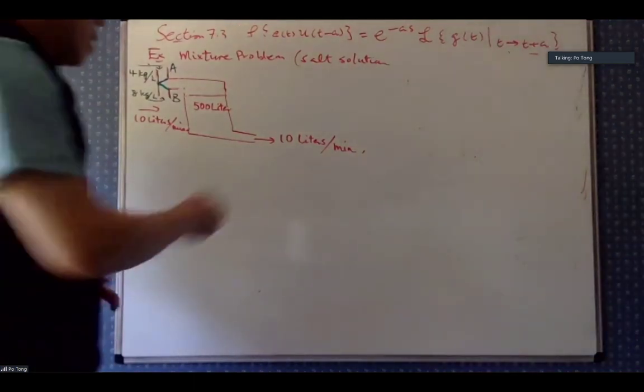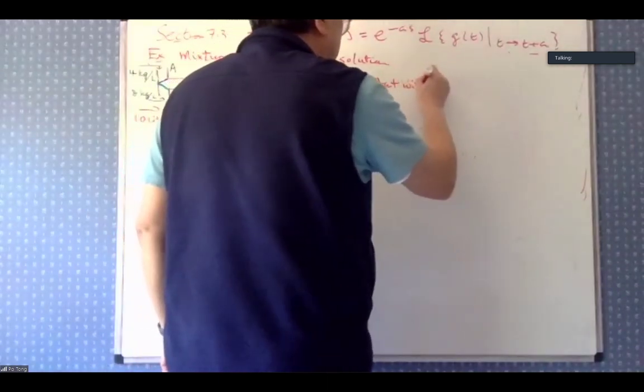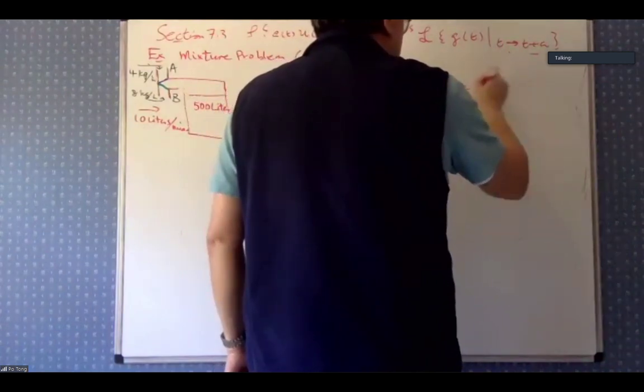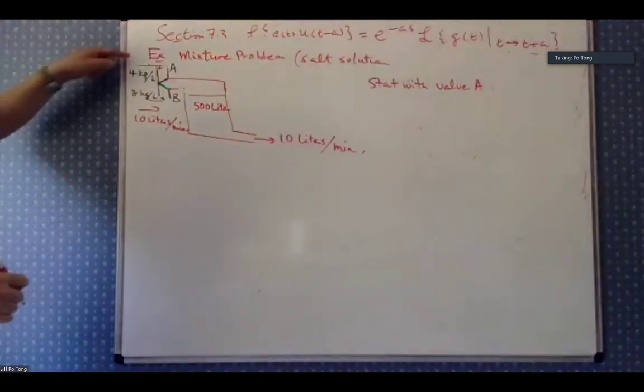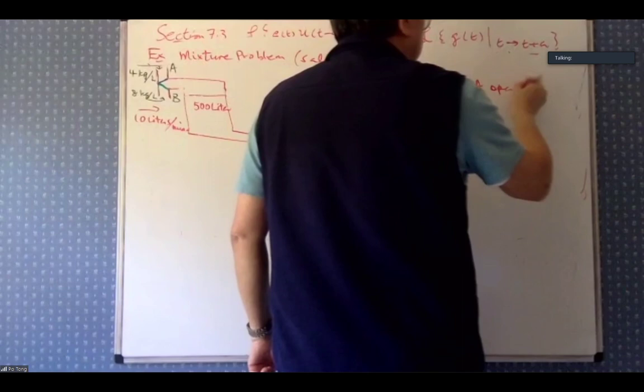So originally, you start out with valve A. All right. Start with valve A. I mean, the mixture coming in with valve A open and B closed.